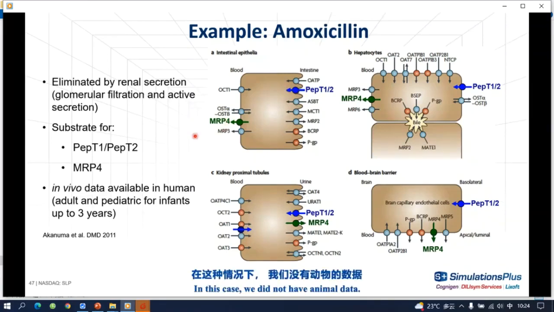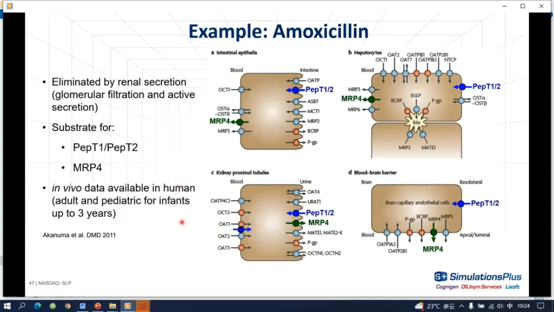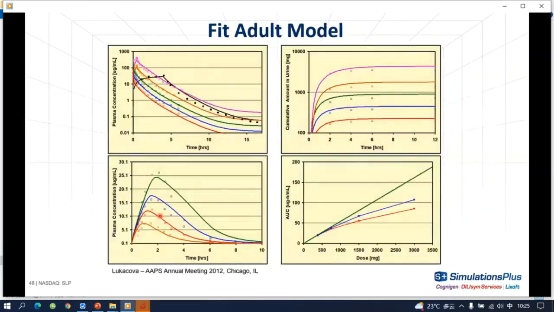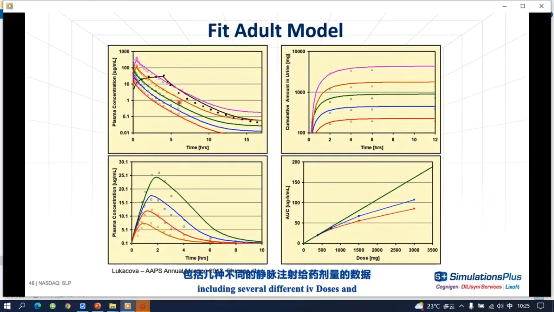In this case, we did not have animal data. So we used just the human in vivo data to calibrate the model, and then used that model to predict the PK in infants. We did have quite rich data for this compound, including several different IV doses and the corresponding amount of the compound secreted in urine.